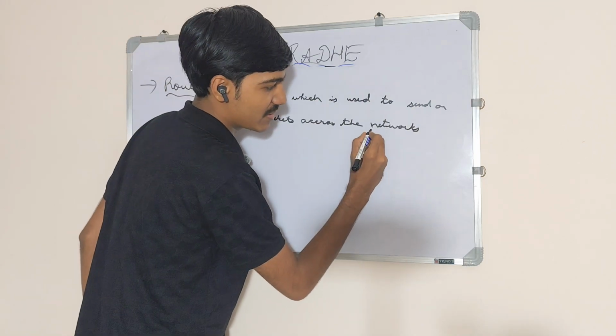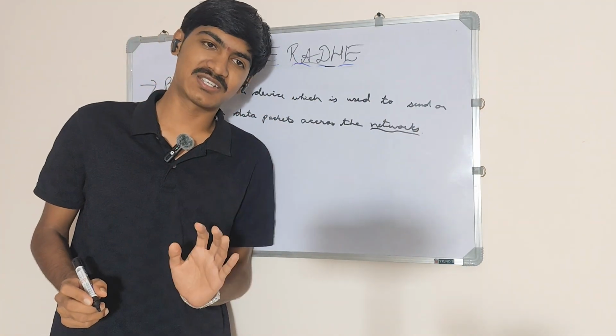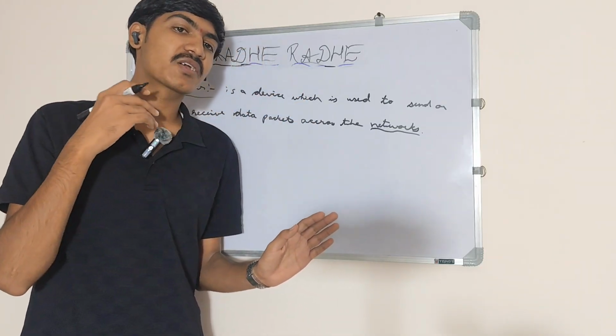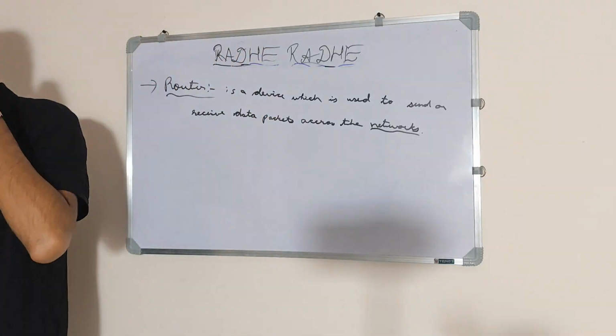Here it is very important: it's not network, it's networks. Within the network, we have a switch; we don't need a router. Once we go outside the network, we need a router. Why? I'll explain.